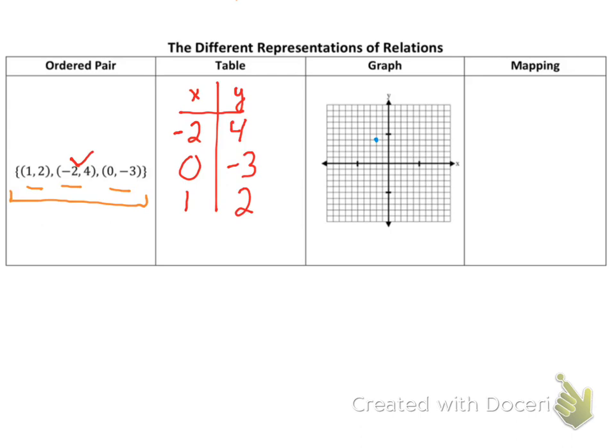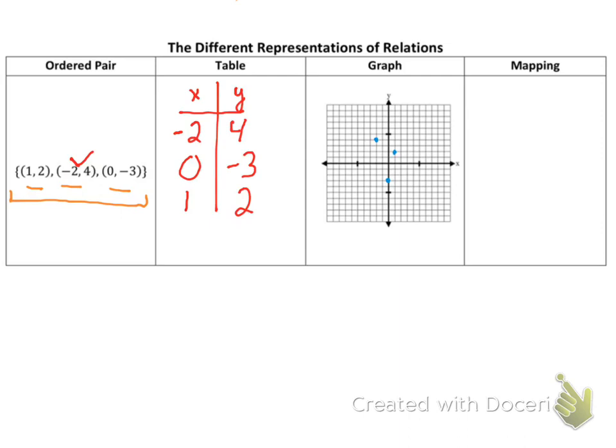So go 0 on the x, down 3. All right, that's a little obnoxious. Let's try that again. So there's that point. And then we've also got 1, 2. So I'm going to go 1 to the right, up 2. And those 3 points represent this relation.